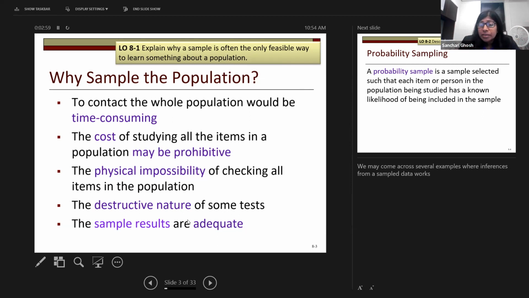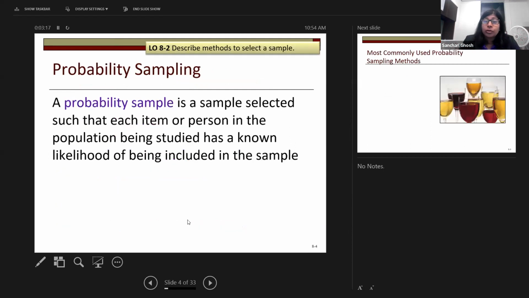The sample results, given how many observations you have provided in your samples or how many you have sampled, would be a very good approximation or an estimate of the population value. So a sampling estimate is always a good approximation.